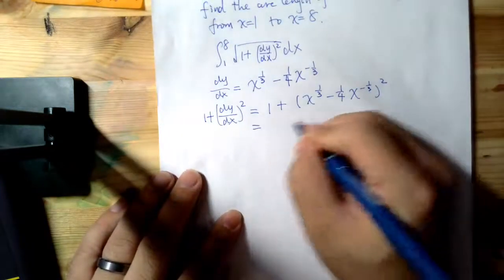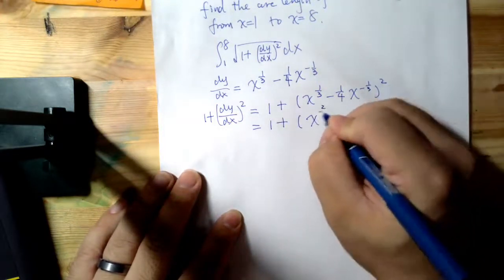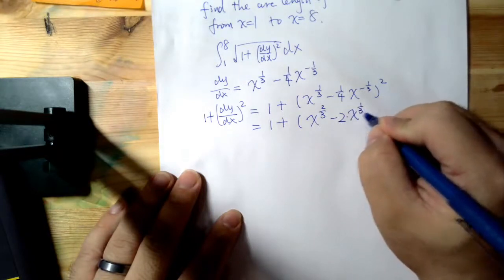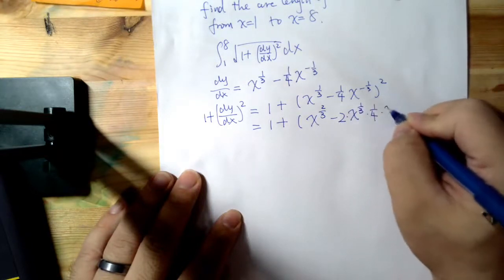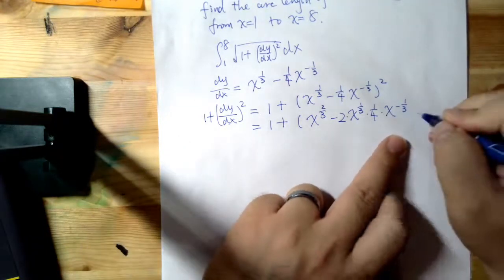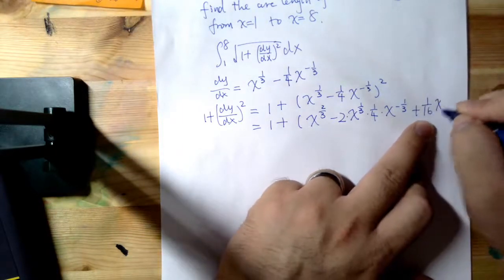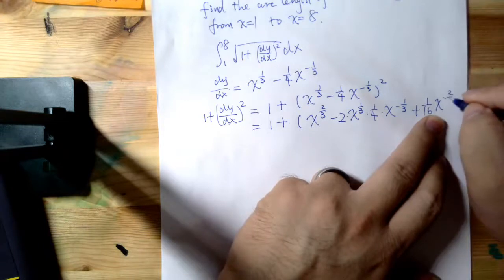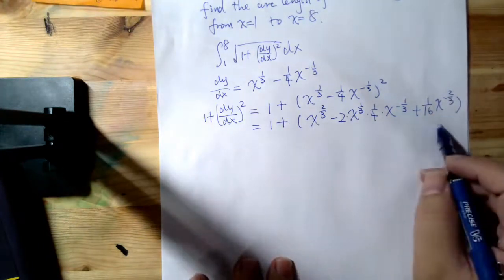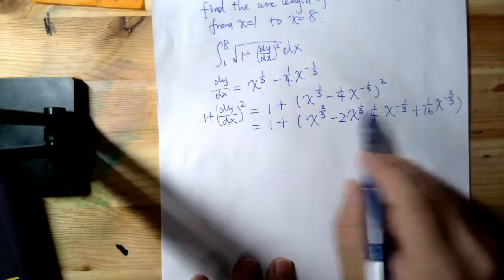Now I'm going to expand this, which is 1 plus x to the power of 2/3 minus 2 times x^(1/3) times 1/4 times x^(-1/3), and then plus 1/16 x to the power of negative 2/3. This is exactly the expansion from this square.